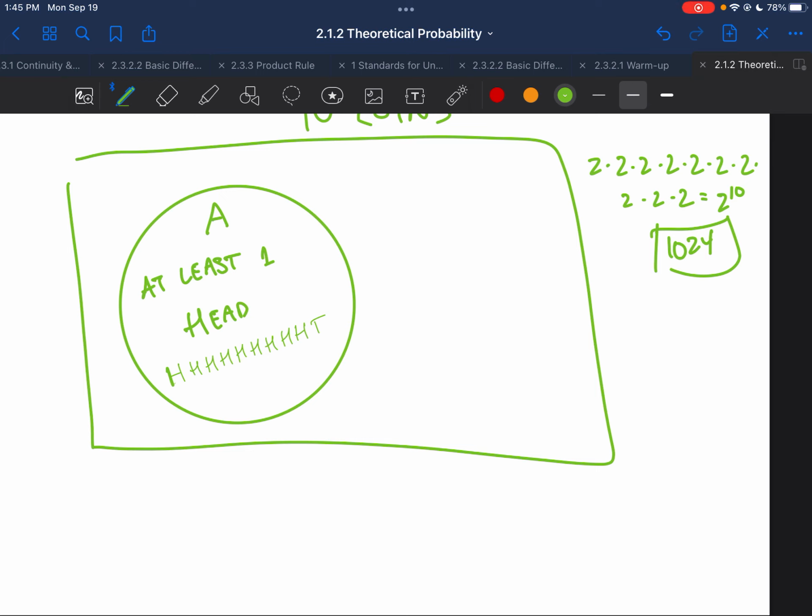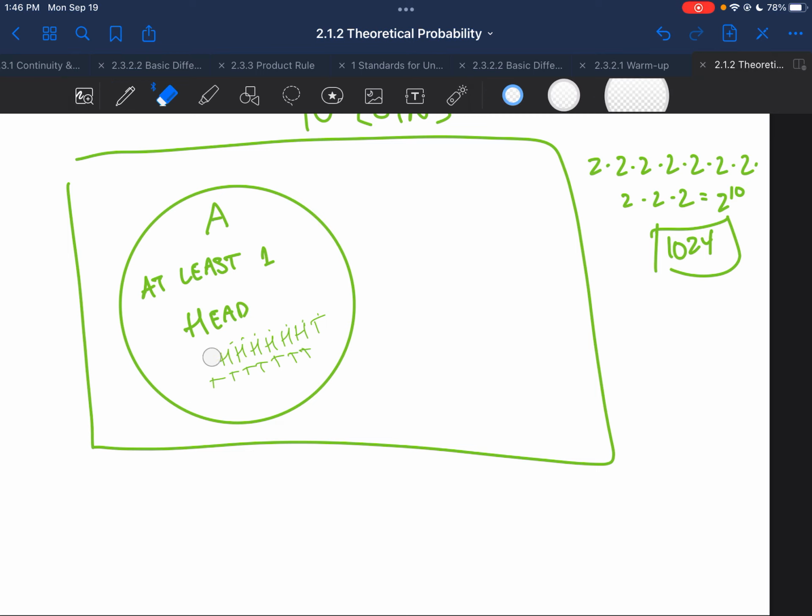That's one way, but the tails could have been here, could have been here, could have been here, and so on. Even if all 9 of the rest of the flips were heads, there's a spot where tails could be in each of these spots. So that's why there's so many outcomes, because each of those is different.